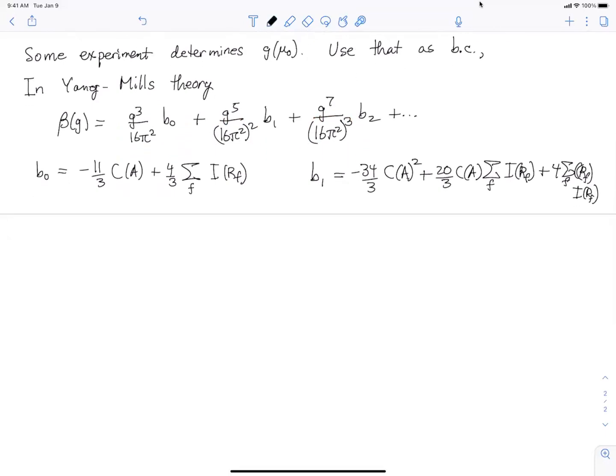So at least qualitatively, to 1 loop order, I'm going to write d by d log mu. That's the same thing as mu d by d mu. And I'm going to write it for, not for g, but for g squared. This is just cosmetic, but it's going to turn out to be nice to write it this way. So this is b0 g to the 4th power over 8 pi squared.